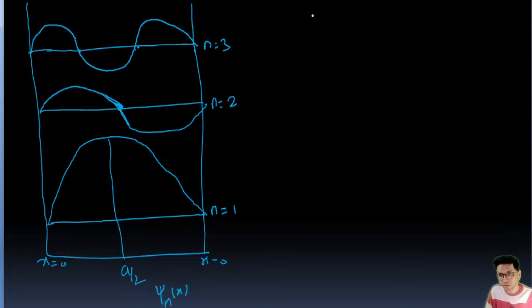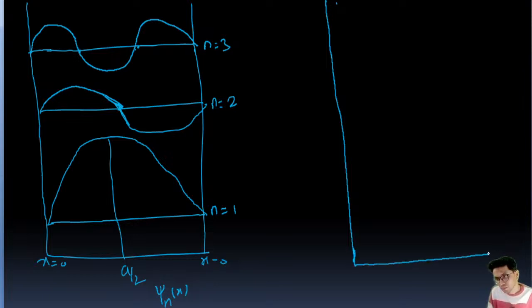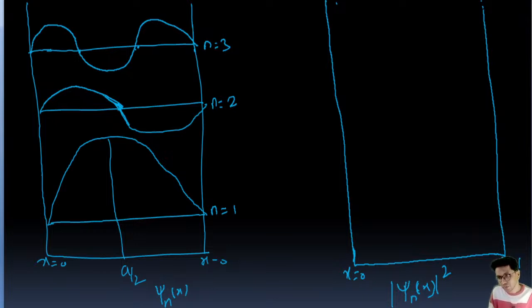Now we'll draw this for mod of psi n x square. This is x equal to 0 and x equal to a. Watch my previous lecture, guys, that I have already explained the wave function and the energy.